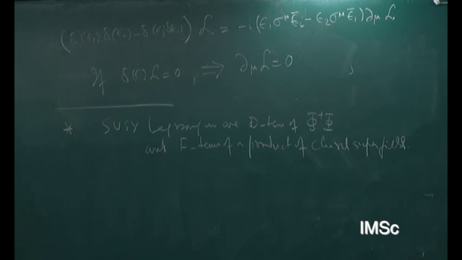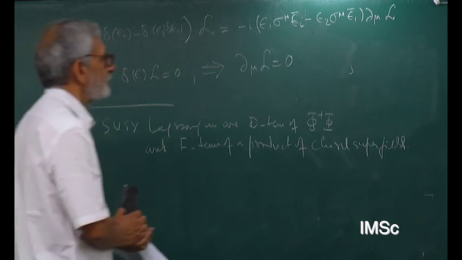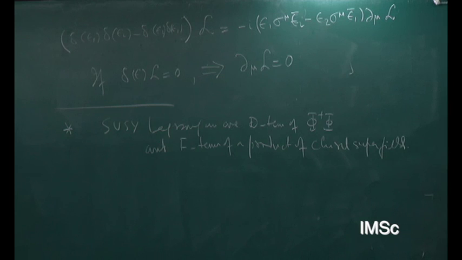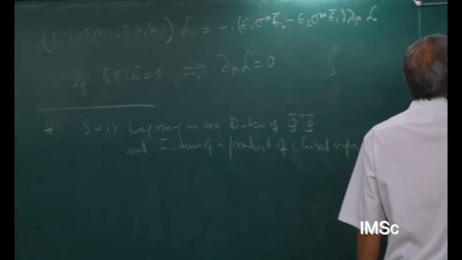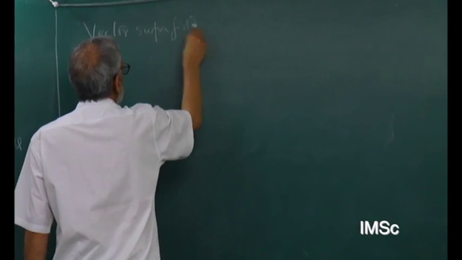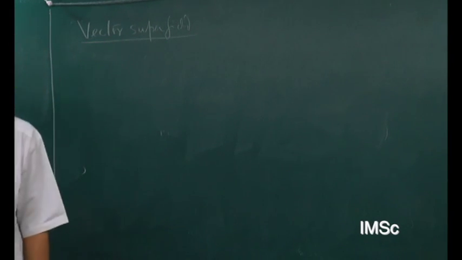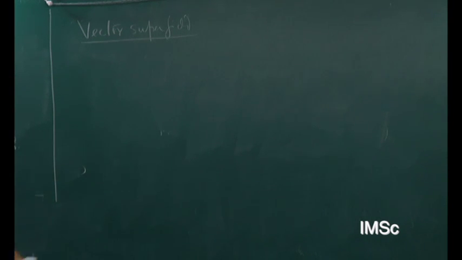We'll call it a vector superfield. Earlier we introduced chiral superfields, now vector superfields.